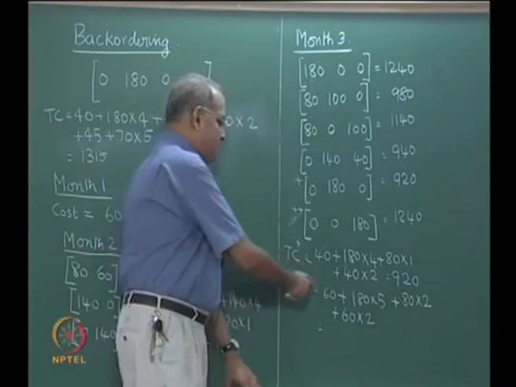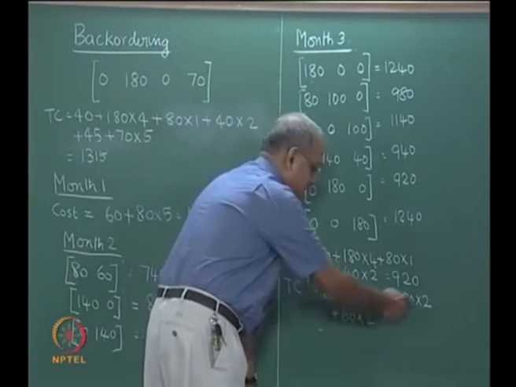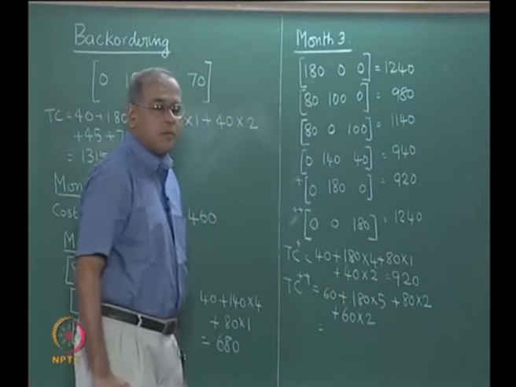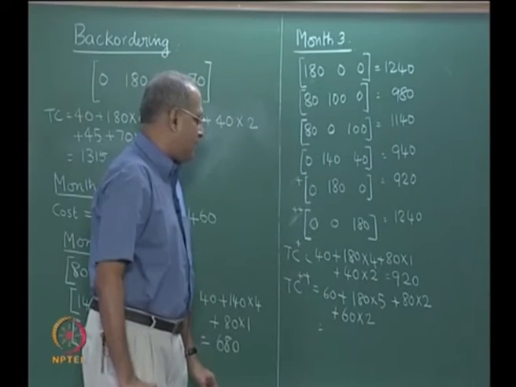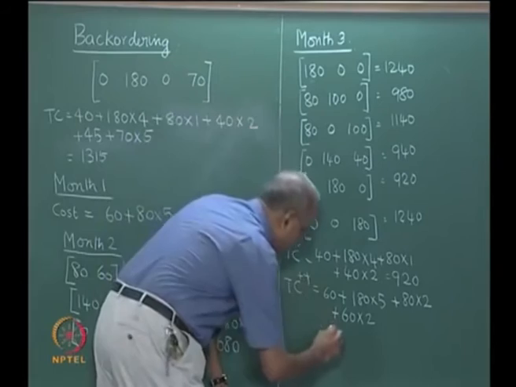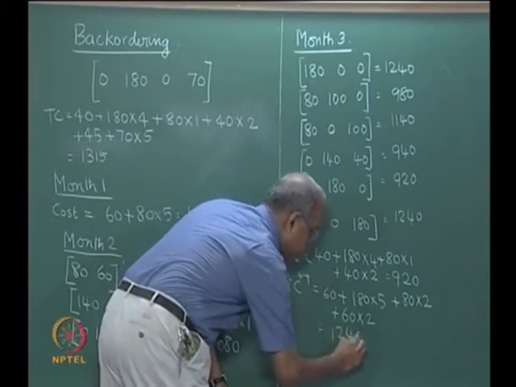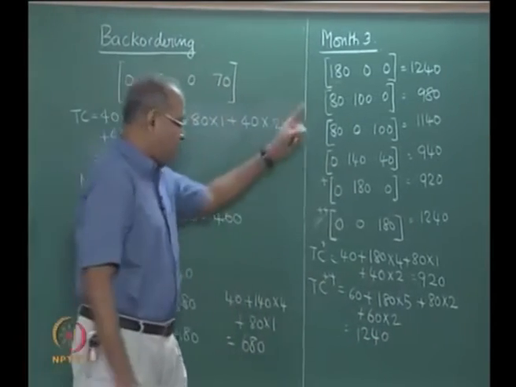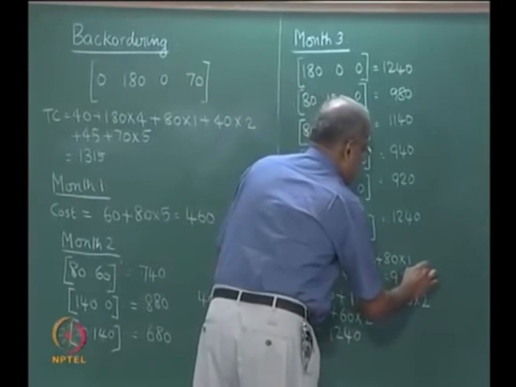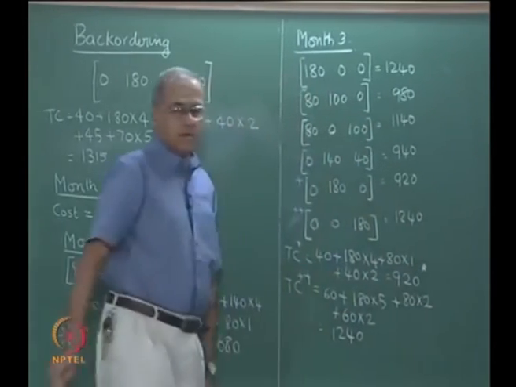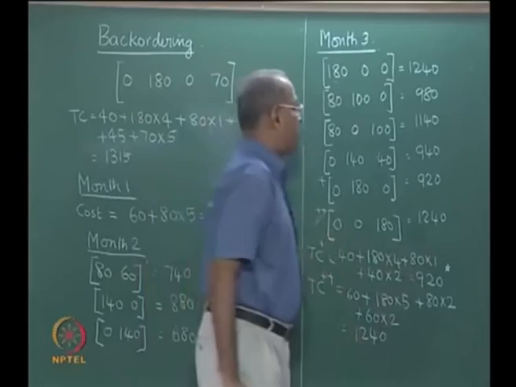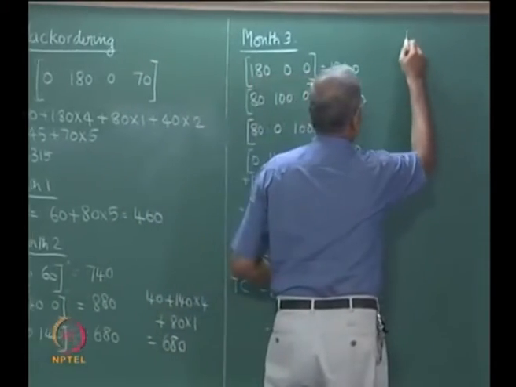So this gives us 60 plus 900, 960, 960 plus 160 is 1120, 1120 plus 120 is 1240. Now out of these we realize that this is the one with minimum cost.